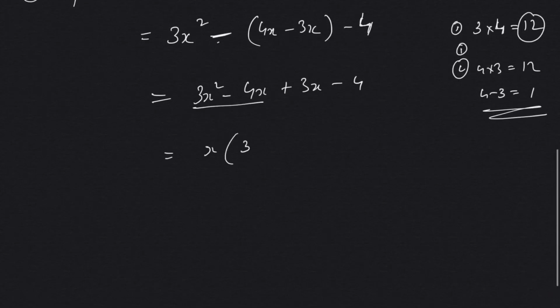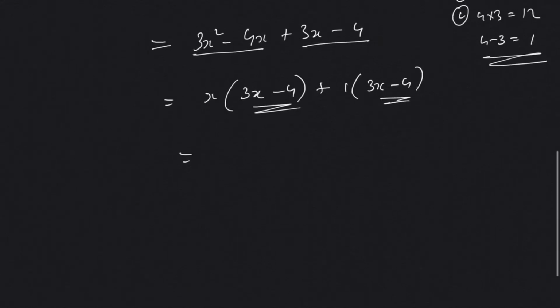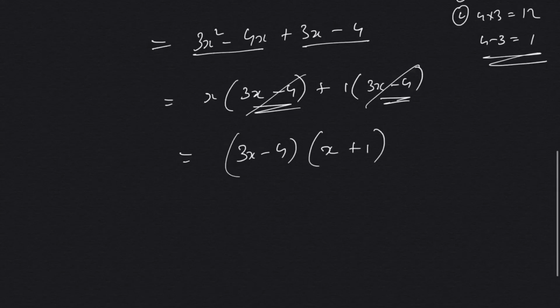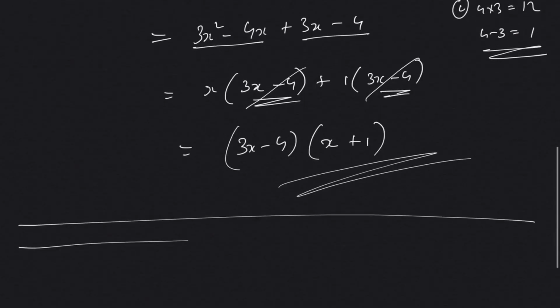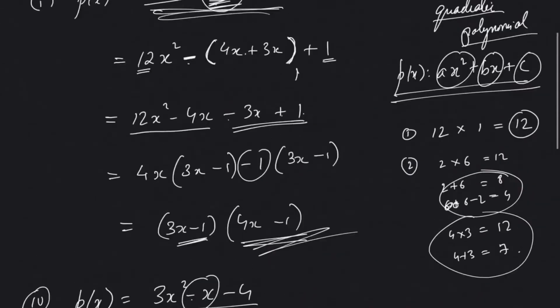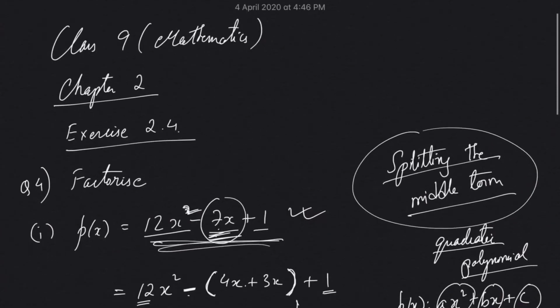From the first two terms we can take x as the common factor, so x into 3x minus 4, plus from the next two terms we can have only 1 as the common factor. If you have done it correctly, you will see that these two brackets are the same, so 3x minus 4 will be the common factor. So x is left here, plus 1 is left. So we have our two factors for the given polynomial. This method is quite simple and you will enjoy it if you have understood it from this video.